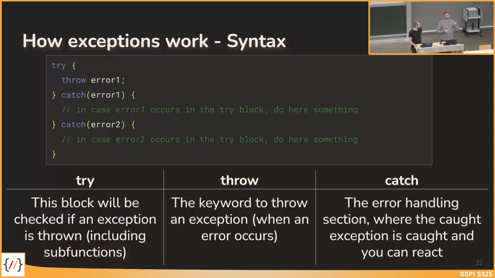We can do something depending on the type of the exception. But it's important that we catch the exceptions. And we can then react differently depending on the type of the exception. So these are the 3 main parts of exceptions.